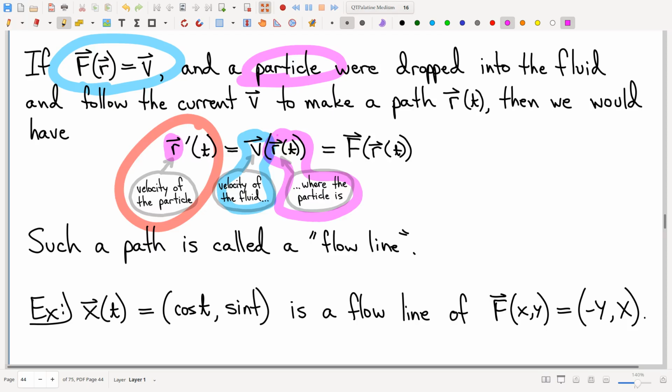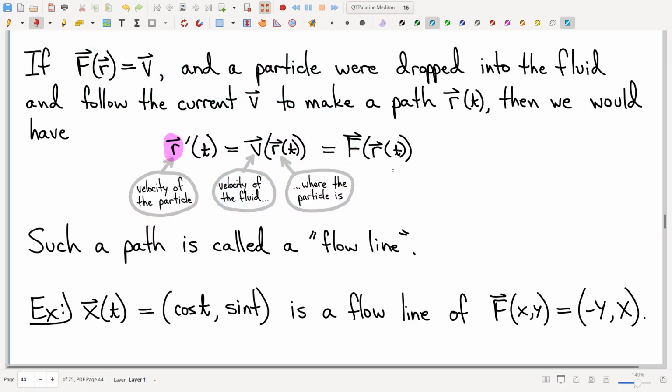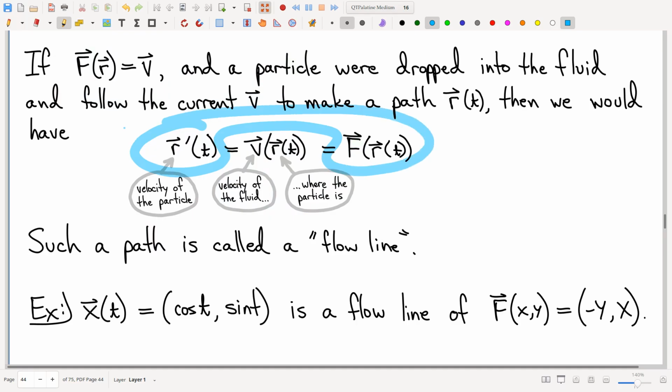So we get this equation right here that I will circle in green, and let me remind you that the velocity of the fluid is what the vector field is. All of that together gives us this equation. This is a system of differential equations.